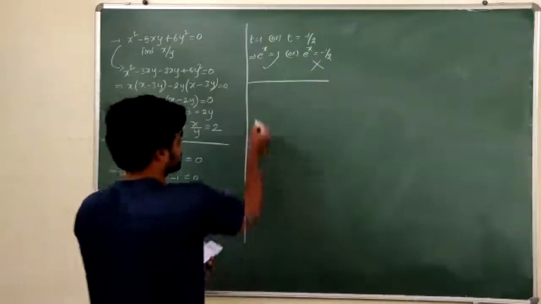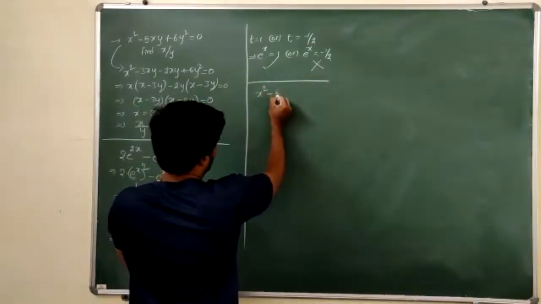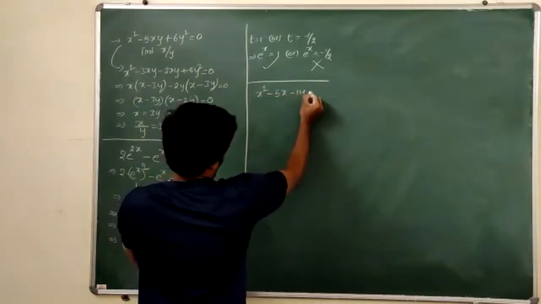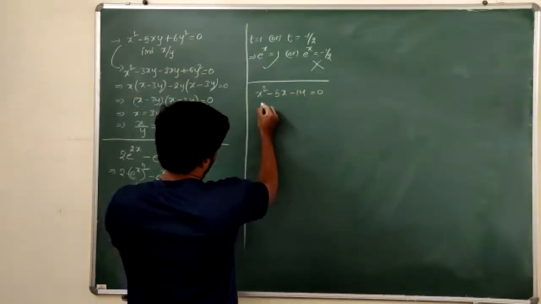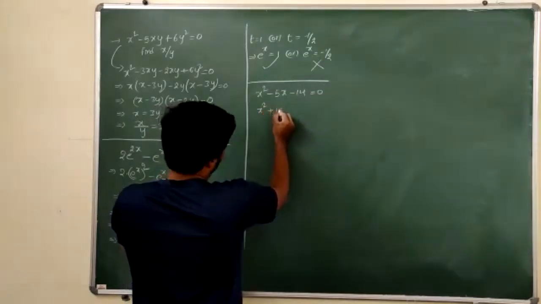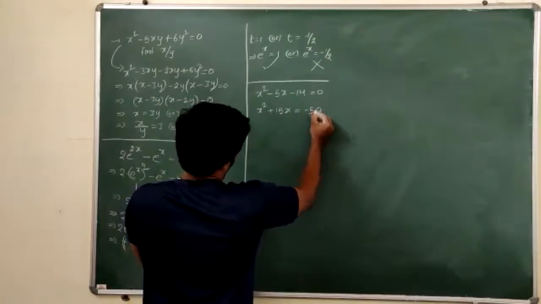okay, solve these questions. X square minus 5x minus 14 is equal to 0. X square plus 15x is equal to minus 50.